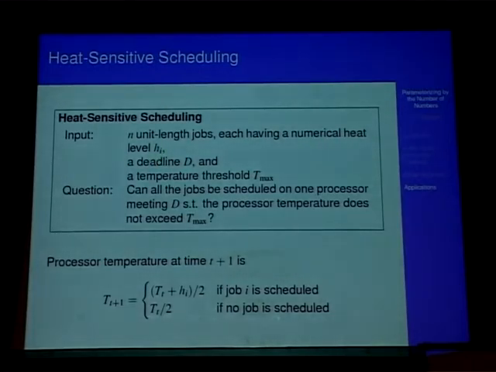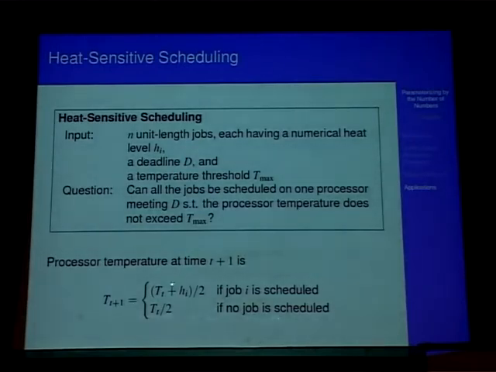And we want to execute these jobs on a processor, and we don't want the temperature of the processor to go beyond a certain threshold T_max, and we want to meet a deadline D. The processor cools in a linear fashion.